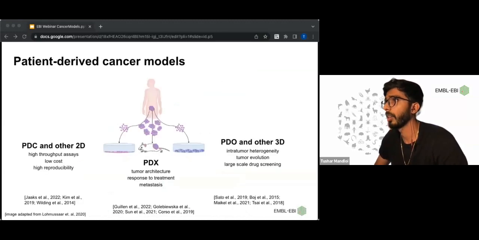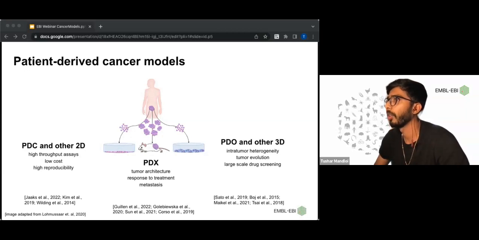So let's have a look at what the patient-derived cancer models are. These models aim to capture the characteristics and diversity of tumors observed in patients. The PDCMs are majorly categorized into three categories: PDX, PDC or 2D cancer models, and PDOs or 3D cancer models. What do we mean by PDX? PDX are patient-derived xenografts.